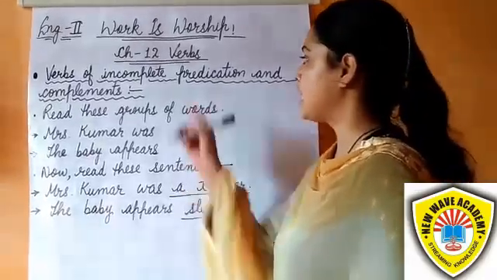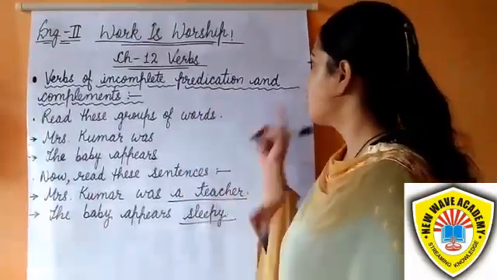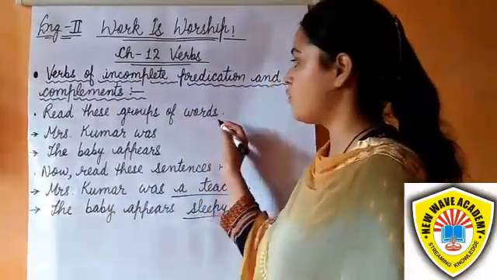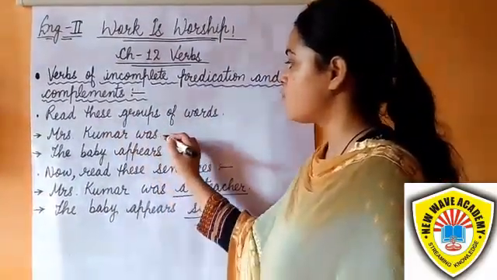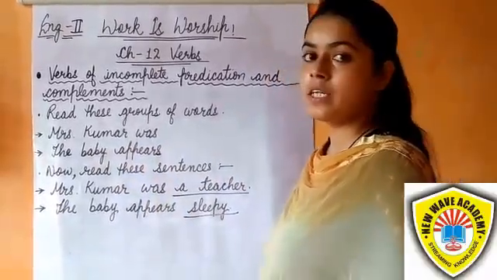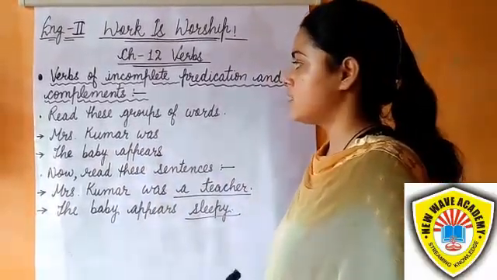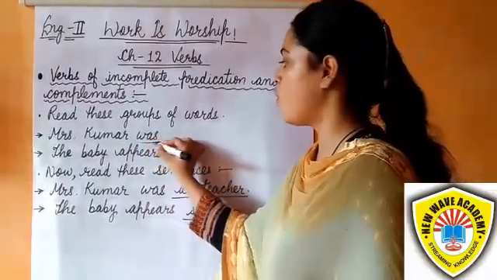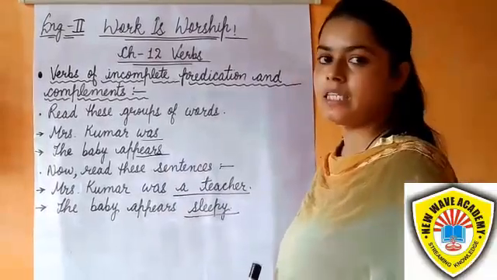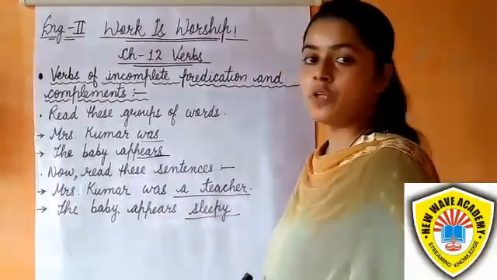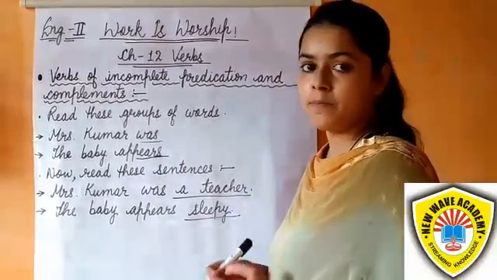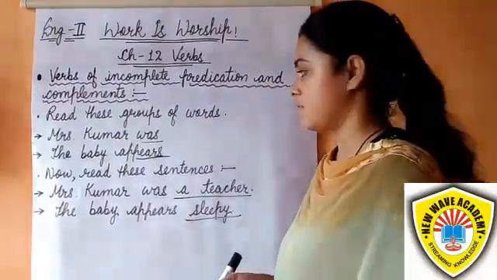Verbs of incomplete predication and complements. Read the groups of words: Mrs. Kumar was, the baby appears. Students, the verbs in these sentences, was and appears, cannot make complete sense by themselves. They do not express any action or show possession.